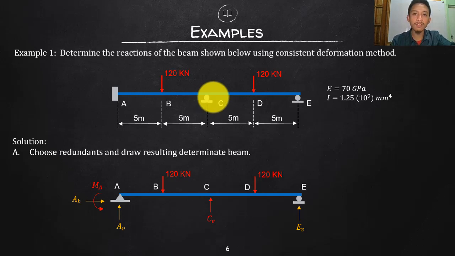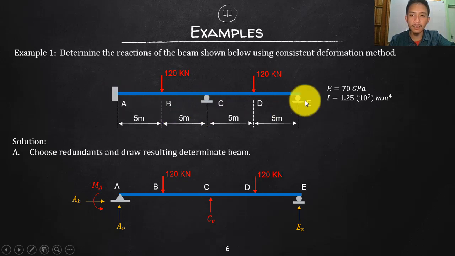To determine the degree of indeterminacy, let's count the reactions. There will be 3 reactions since that's a fixed support, and 1 each for the two rollers. So 3 plus 2 will be 5.